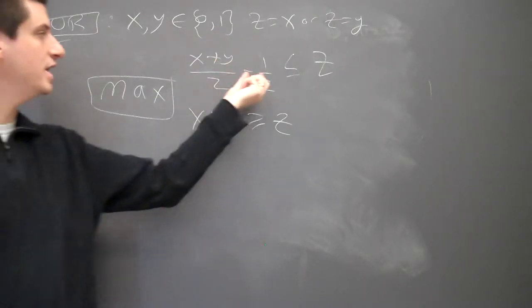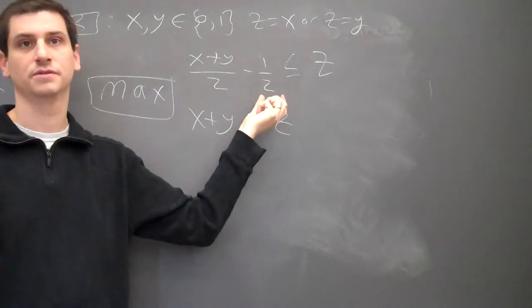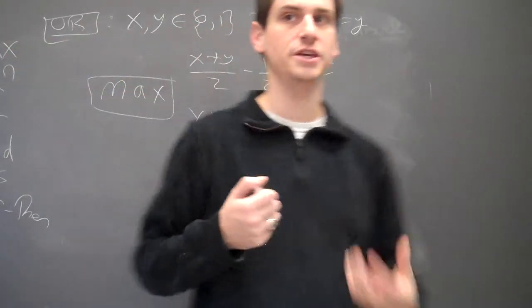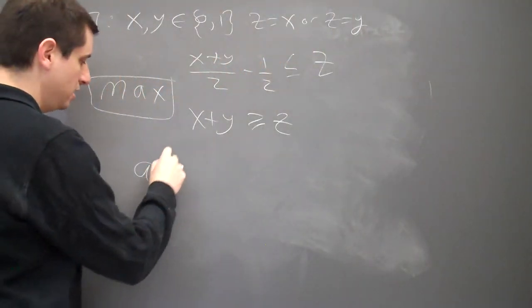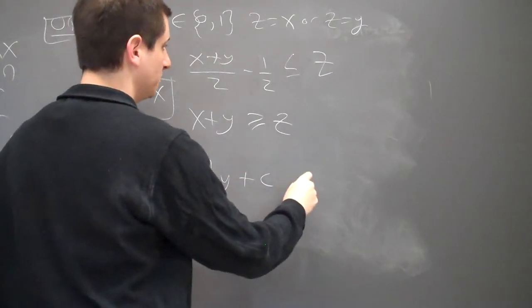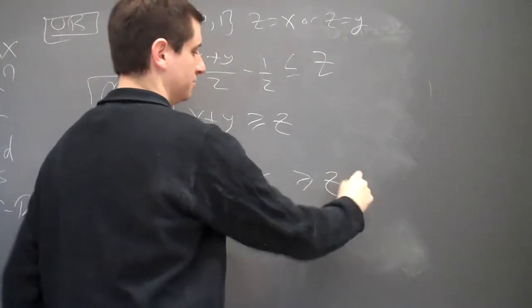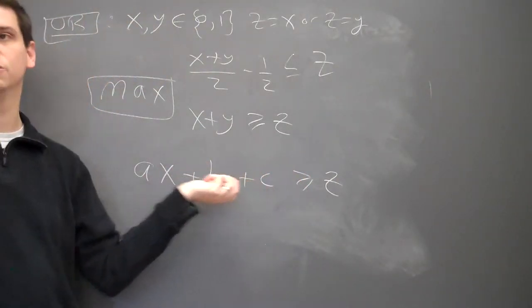And the whole idea is we can actually subtract off this minus a half. So when you're looking at these things, in some sense, notice that everything is looking like a x plus b y plus c greater than or equal to z. And I can switch the inequality by just multiplying a, b, and c by negative 1.